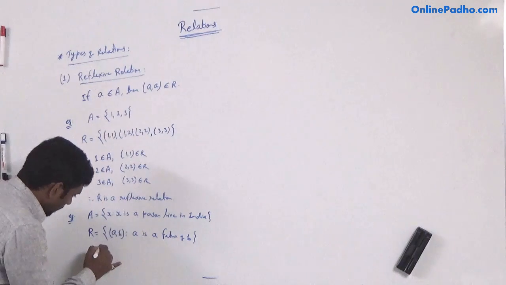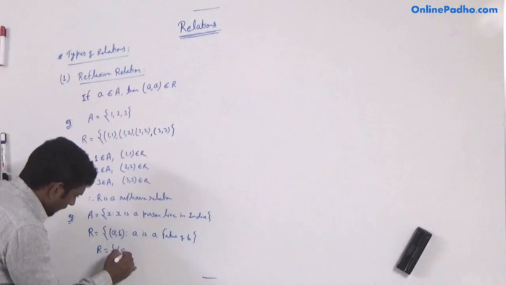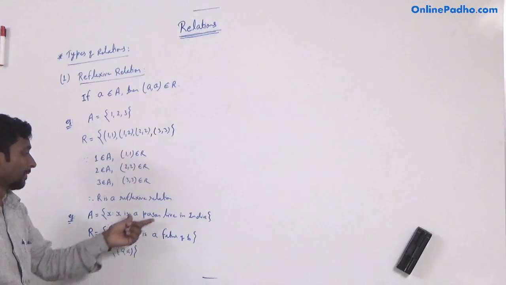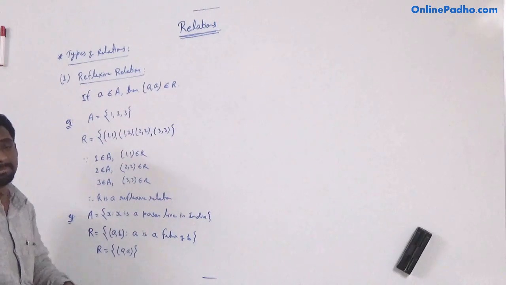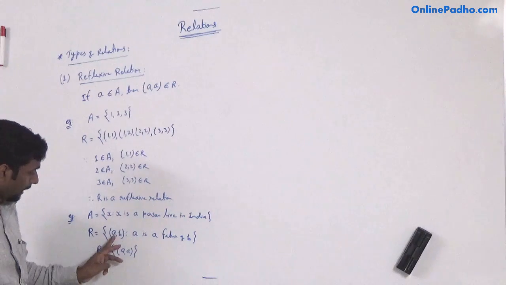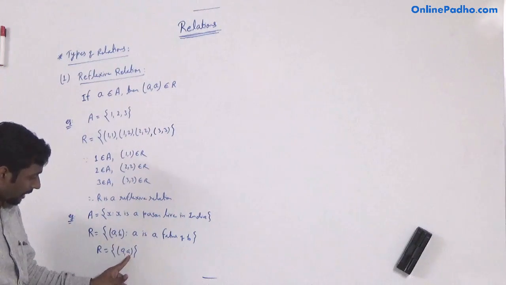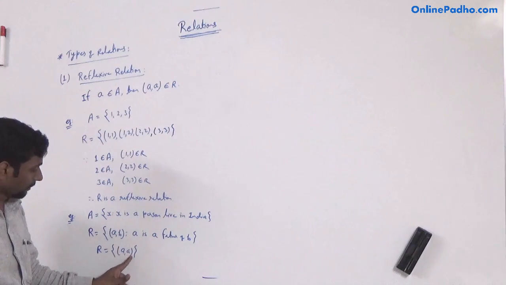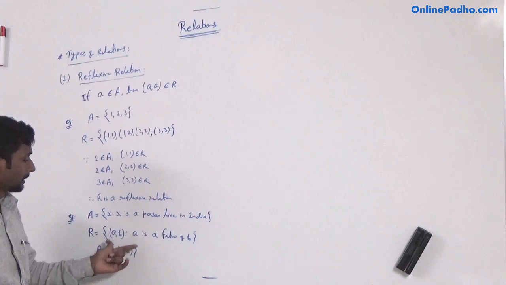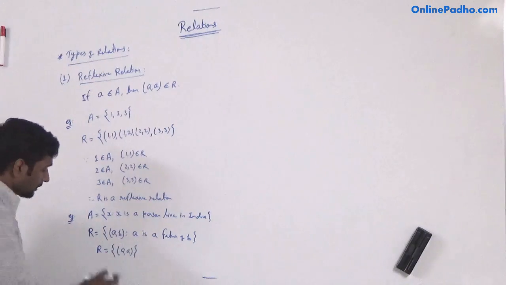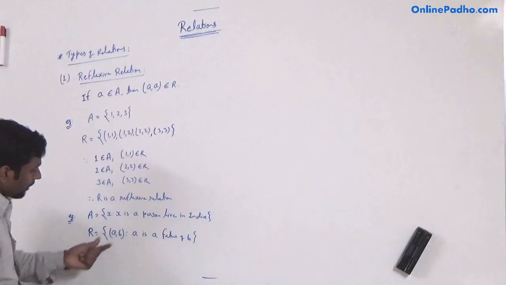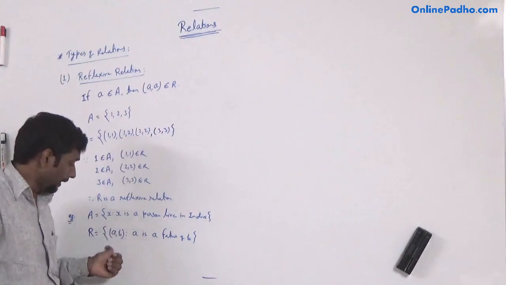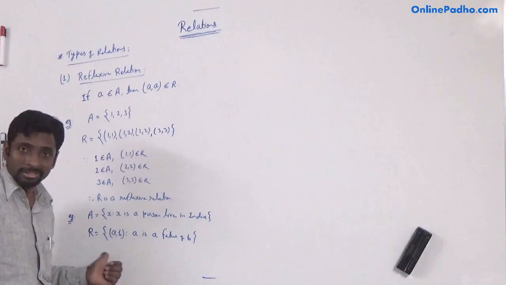Can we write an ordered pair as (a, a)? Is it possible in this? If this is possible, this is a reflexive relation. But I think this is not possible, because the condition is a is the father of b, but a is not the father of itself. So this relation is not a reflexive relation. Although a person a lives in India, (a, a) does not belong to this relation.